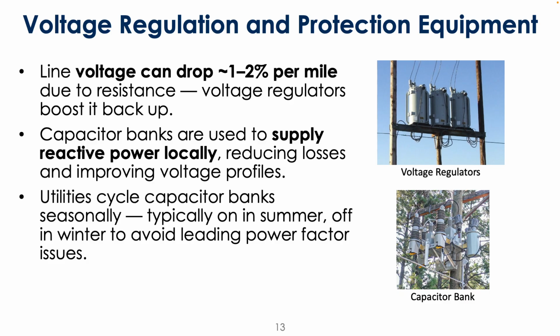And regulators are ways in which you can boost the voltage back up. That's a useful feature to maintain power quality in our distribution system, but they are also one of the areas that start to become a little problematic when you have a lot of DER and distributed solar feeding electricity back into the system. And we'll talk about that more in just a second.